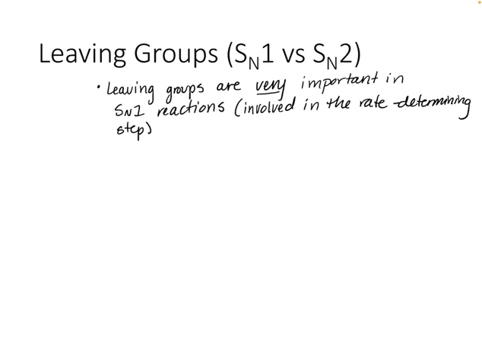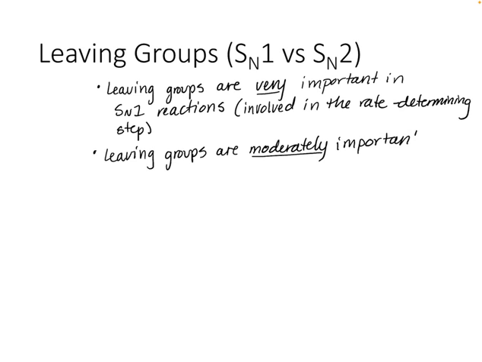Now, what about SN2 reactions? Remember that everything happens in one step, so the nucleophile attacks and the leaving group leaves. So leaving groups are still somewhat important in SN2 reactions, so we'll just write that leaving groups are moderately important or somewhat important in SN2 reactions.